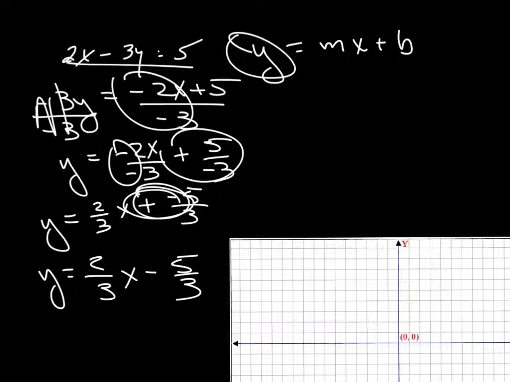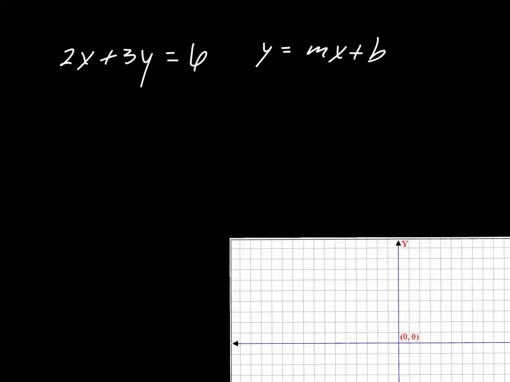Alright, so now let's look at example number 3. And they give us the equation 2x plus 3y equals 6, and they're asking us to graph that. So first of all, we're going to put this into that form right there.